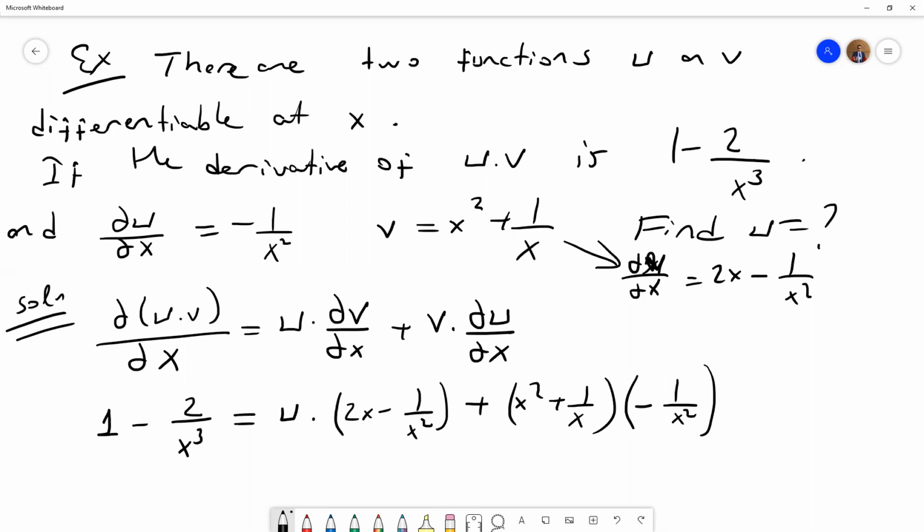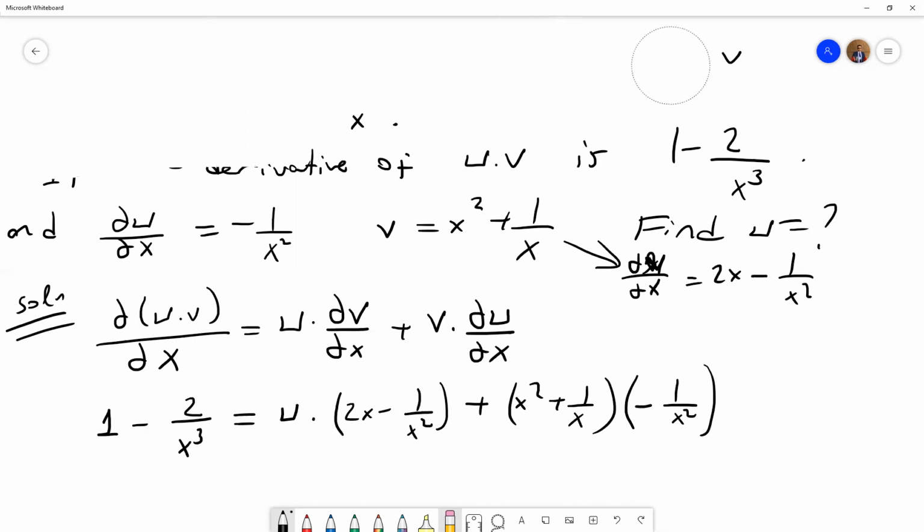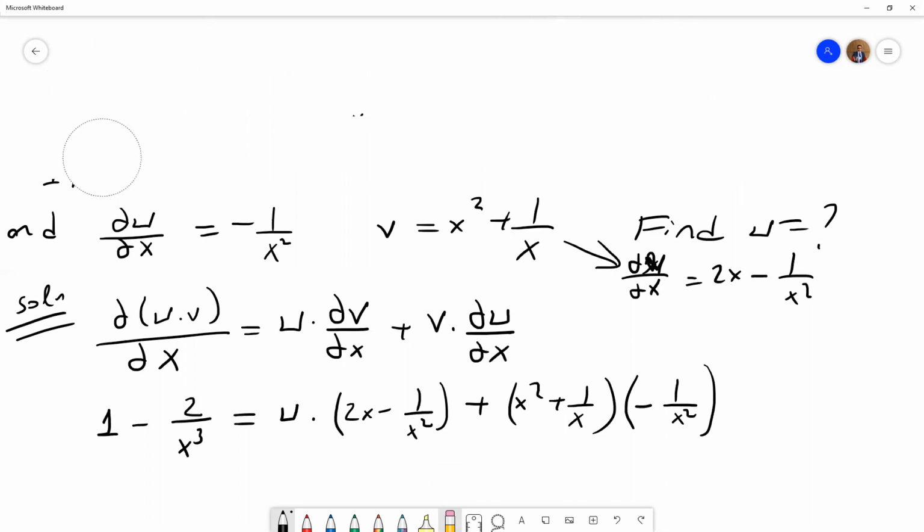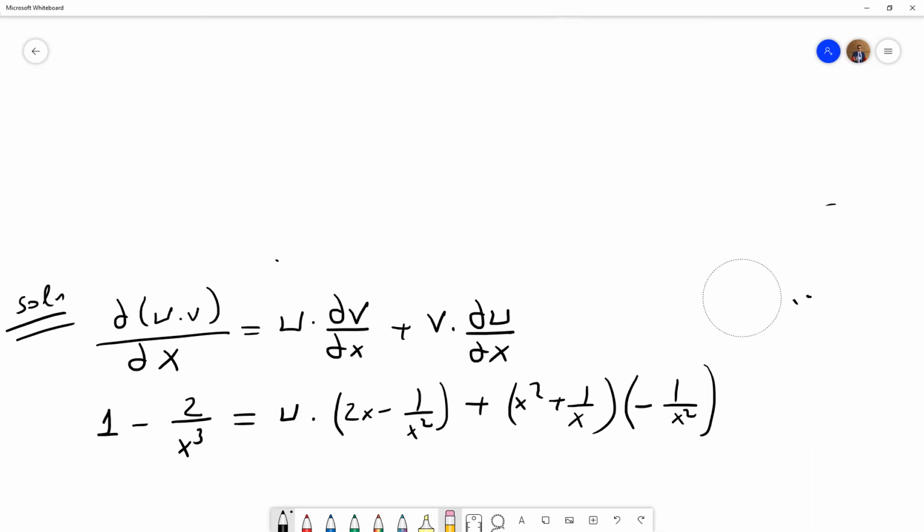So for the next part, we have to do this. Now, here we have 1 minus 2 over x cubed is equal to u multiplied by 2x minus 1 over x squared.